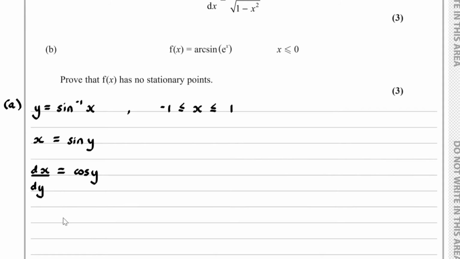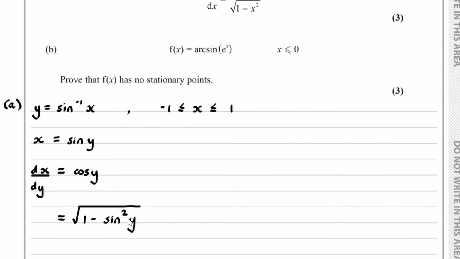And recognizing that cos y is equal to the square root of 1 minus sine squared y, we have 1 minus sine squared y, then square rooted.